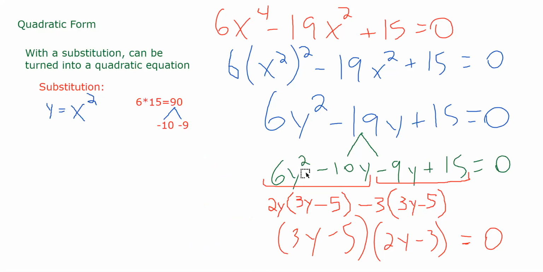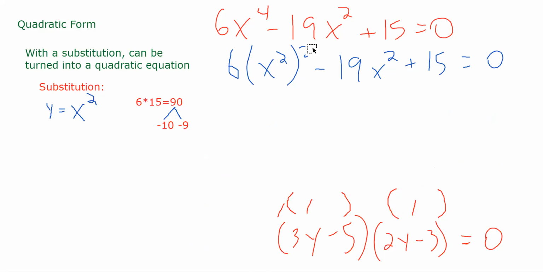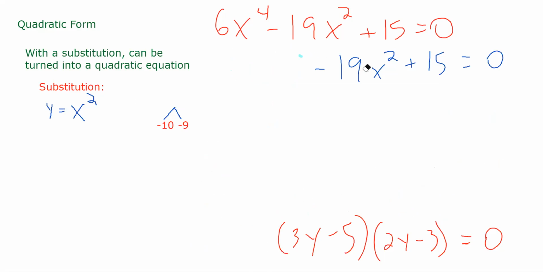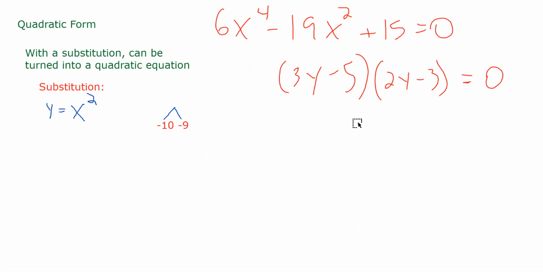Let's clear some of the whiteboard here. And so now I'll leave the original equation and then I'll bring this part up here. Now we just have to solve each one, set each equation to 0, or rather set each factor to 0.